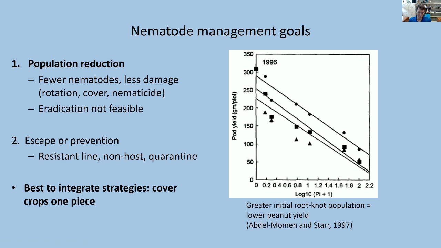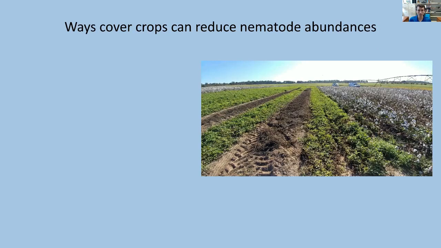In particular, as we've been talking about today, you may have multiple different reasons you want to put out a cover crop, and it may be that you have a particular cover crop that doesn't work quite as well with your nematode management plan. In that case, it's important to pull in other pieces such as rotation with your cash crops or use of a nematicide to supplement what you may not be able to do with your cover crop.